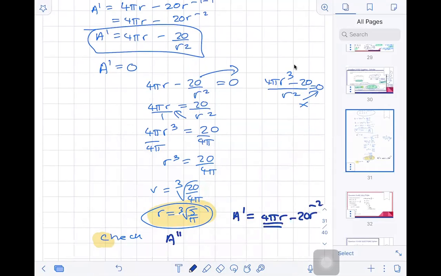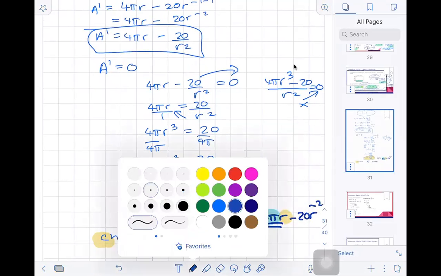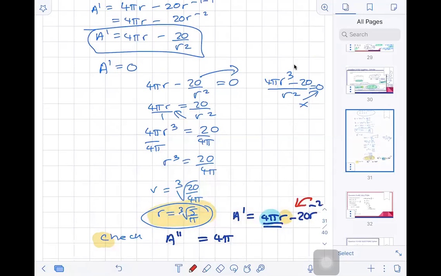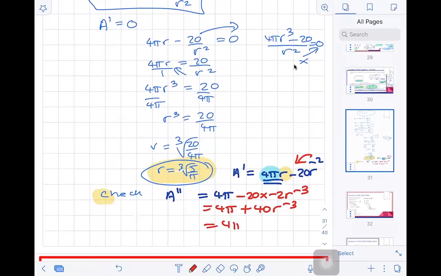So the 4 pi r part will just go to 4 pi, because r is just one thing and you just get the number that is in front, which is 4 pi. The other part, the minus 2, it's 20 times minus 2, r, take 1 away, so that's minus 3. So it's 4 pi plus 40 on r to the 3.